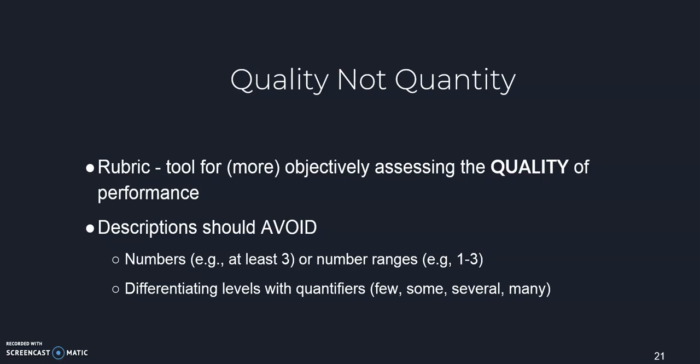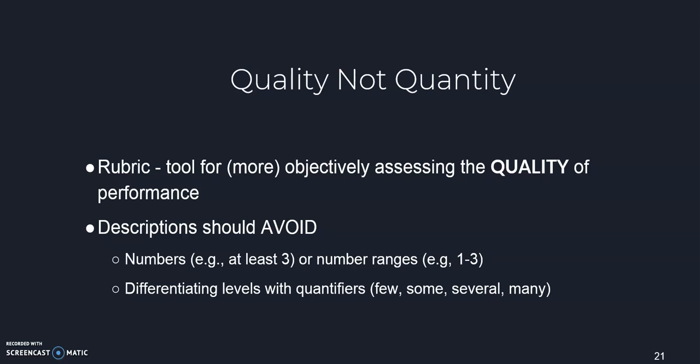And likewise, we have to avoid differentiating levels with quantifiers such as the student has few errors or some errors or several errors or many errors, because again, these are measures of quantity, but also how will you be consistent of separating few from some, from several, or many?